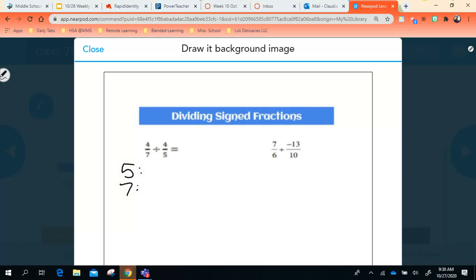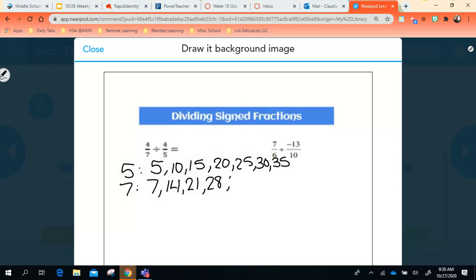If I count by 5s, I have 5, 10, 15, 20, 25, 30, 35. And then I'm going to do the same thing for 7. I'm going to go to my 7 counting by numbers, and I'm going to go 7, 14, 21, 28, 35.